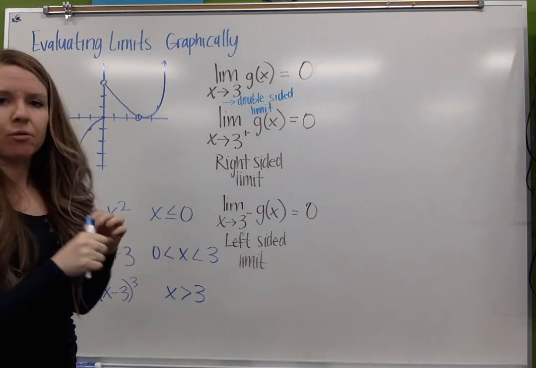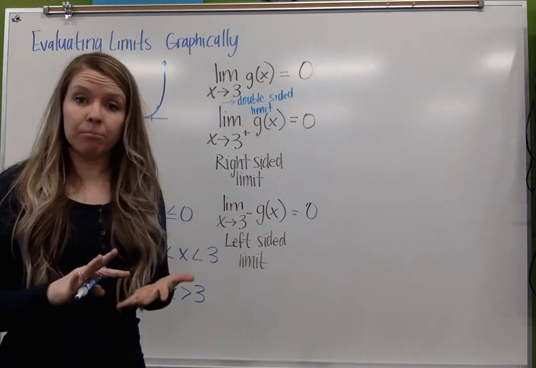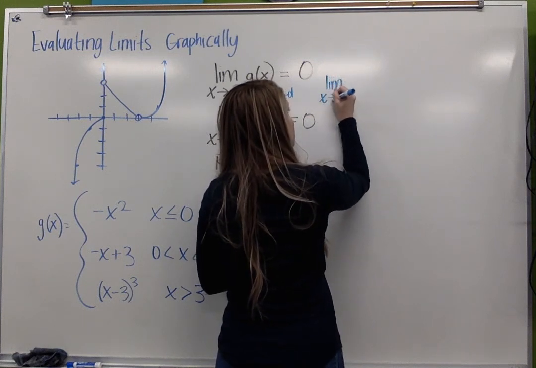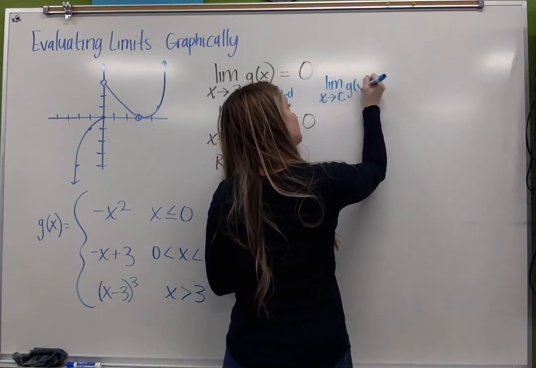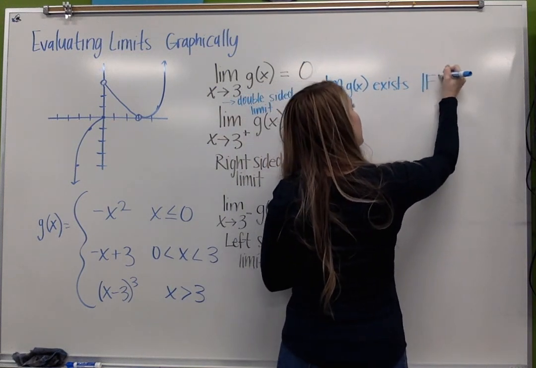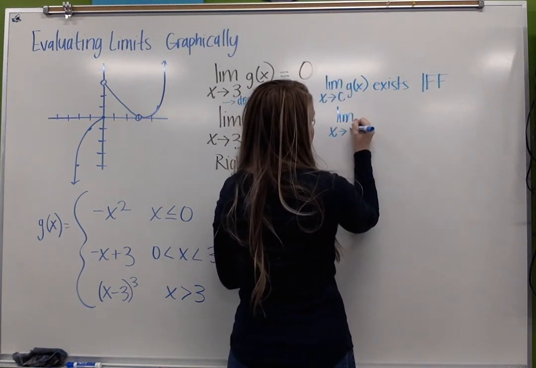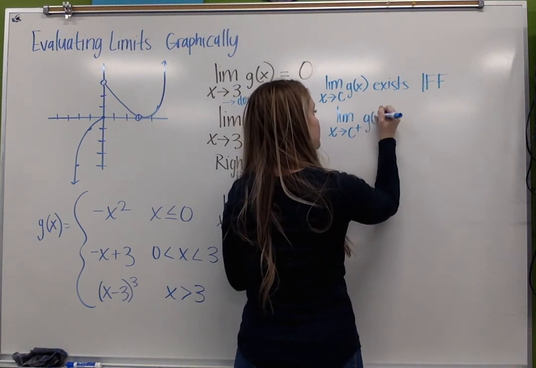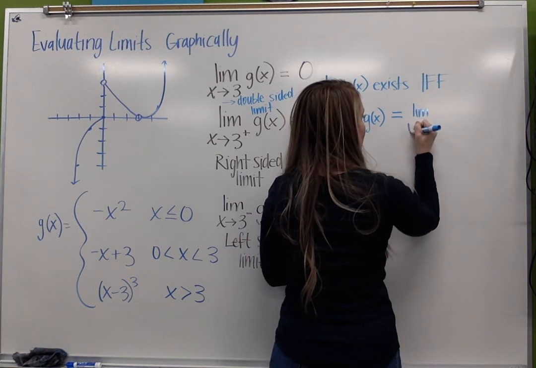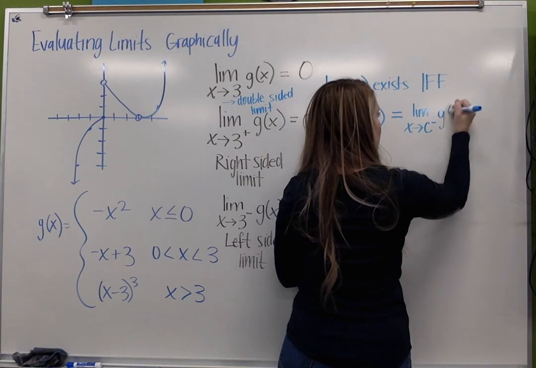I'm going to write a mathematical sentence on the board, and then I'm going to clarify what it means, but it's very important. The limit as x approaches c of g of x exists if and only if the limit as x approaches c from the right of g of x is equal to the limit as x approaches c from the left of g of x.